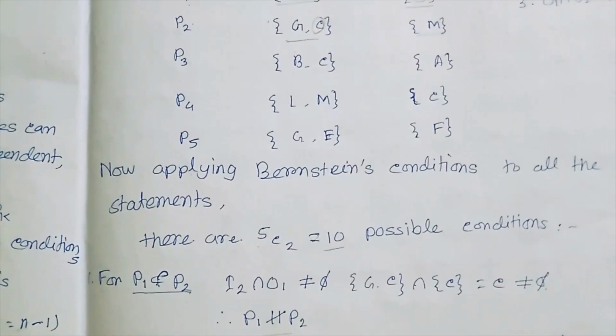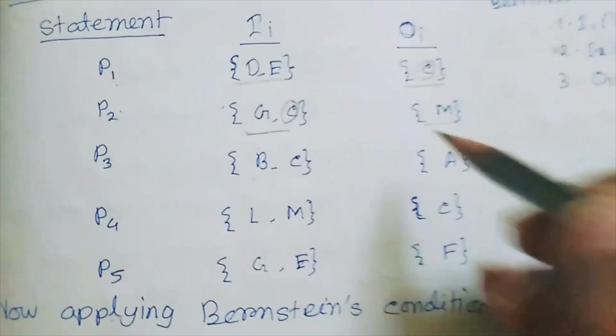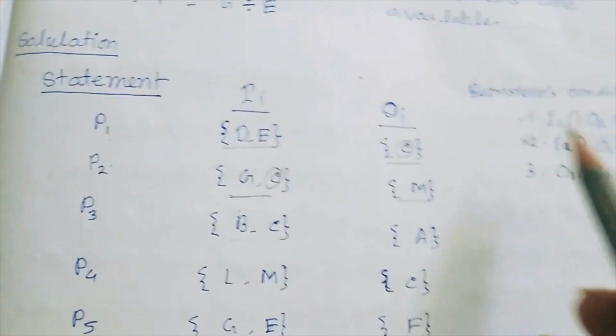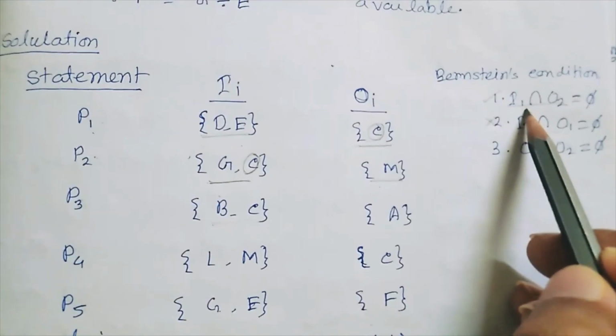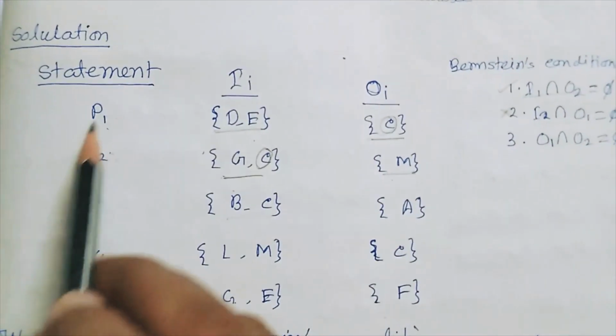For the first condition, checking P1 and P2. Let's check the first condition of Bernstein's for P1 and P2, that I1 intersection O2 equals null.